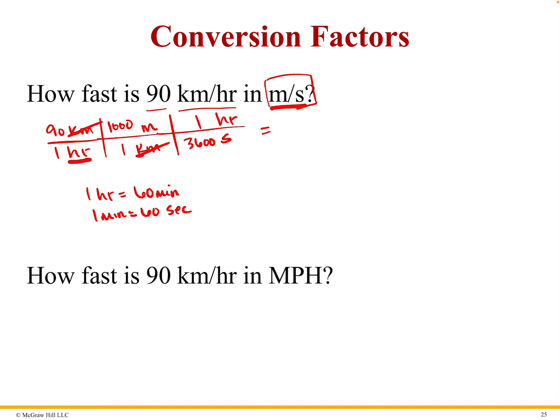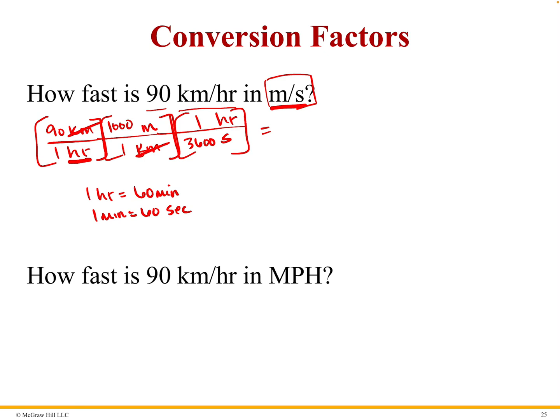Now this is what you do on your calculator. Hopefully everybody's gotten their scientific calculator at this point, because you need one. You can multiply everything on the top and then divide everything on the bottom, or you can go in stages, however you want. If we do the stages, it would be 90 divided by 1.